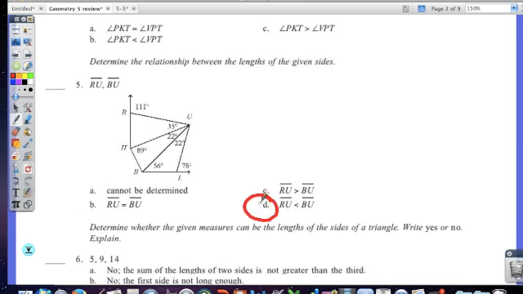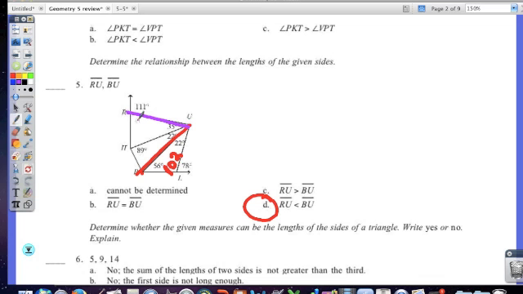RU is greater than BU because BU, the triangle it is in, has degrees of 22 and 56, which add up to 78. In order to become a full triangle, the last angle has to add into 180, so it must equal 102. And the second segment, RU, if you see the 111, it is supplementary.